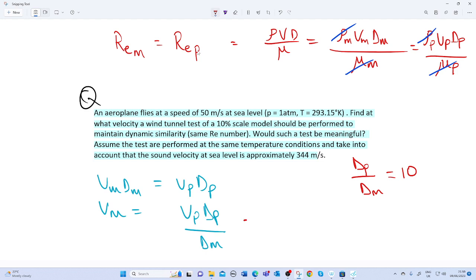So that gives us our velocity for the prototype, which is 50, multiplied by the size ratio, which is 10. That gives us 500 meters per second.